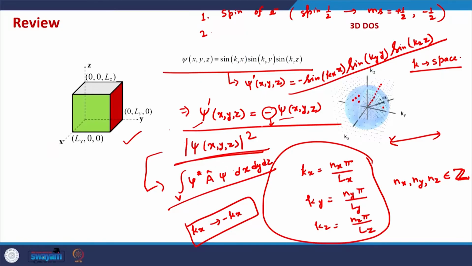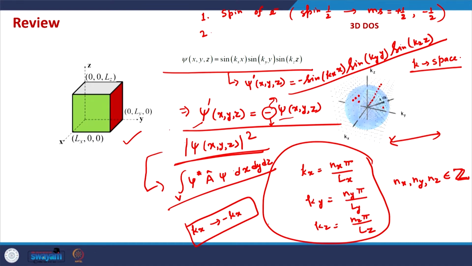So, all wave functions which differ from each other just by a global phase, for example this wave function psi prime and wave function psi, where psi prime is minus psi, do not physically differ. They essentially correspond to the same electron.